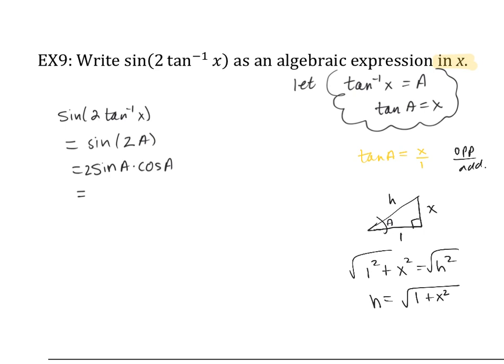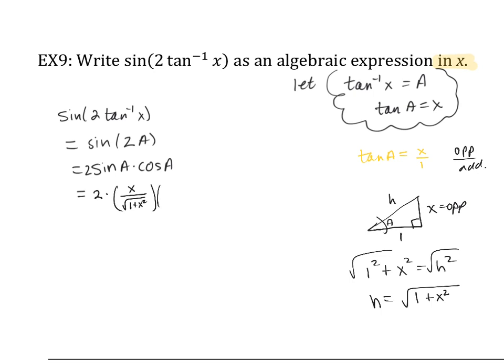And now that lets me figure out my sine. Sine is opposite over hypotenuse. Opposite is x, hypotenuse, we just figured out, is the square root of 1 plus x squared.